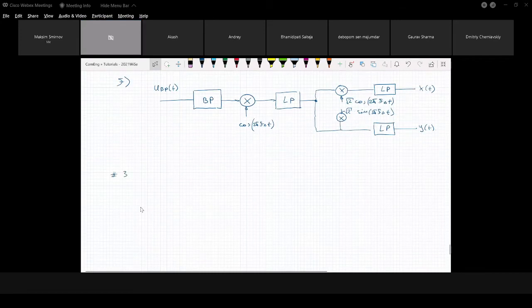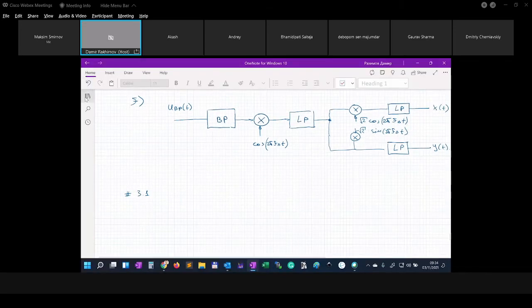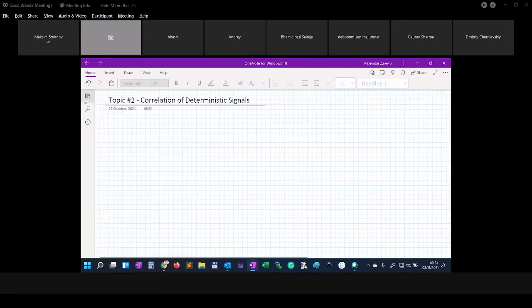Task number 3.1. And we have signal u1 of t equals u0 times rectangular function of (t minus T/2) divided by capital T. And then we have the second signal u2 of t, which is the difference between 2 rectangular functions.